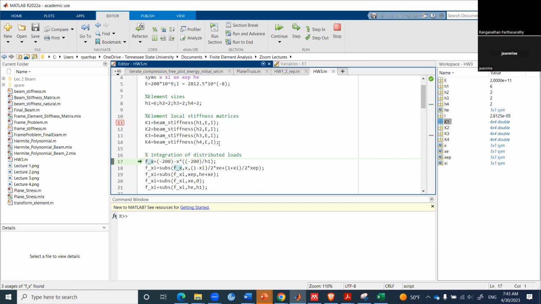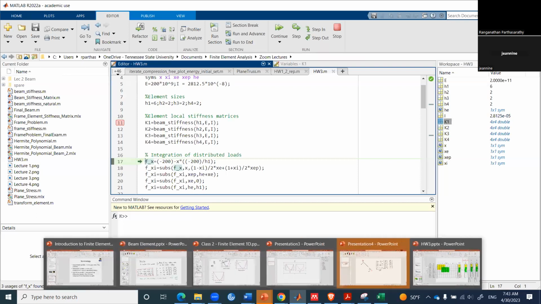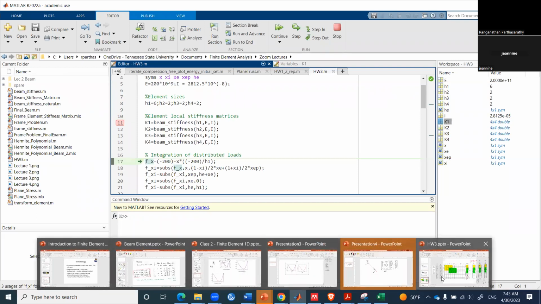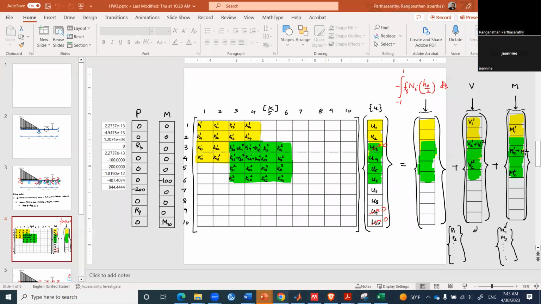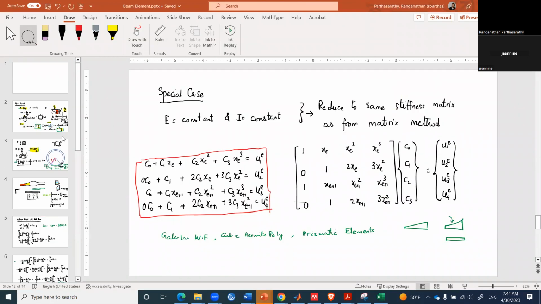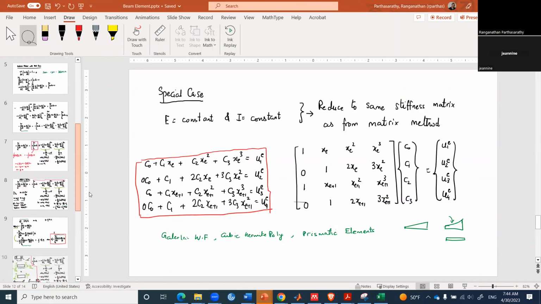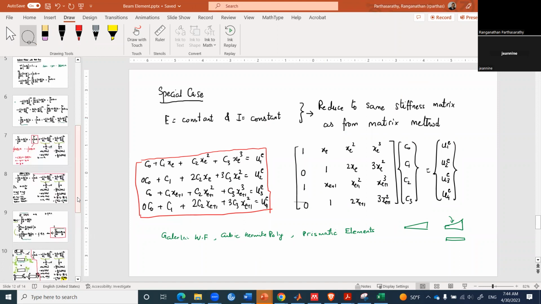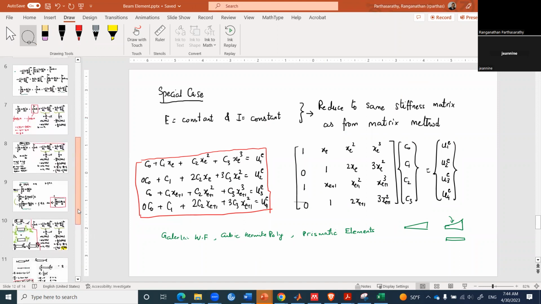Okay. Then, as you remember, now you need to complete the right hand side.